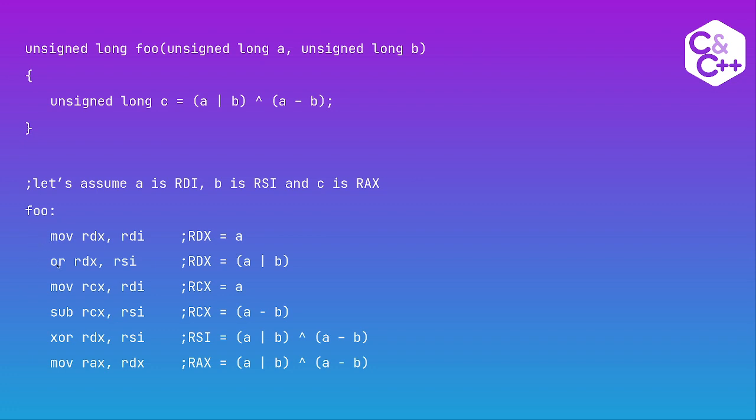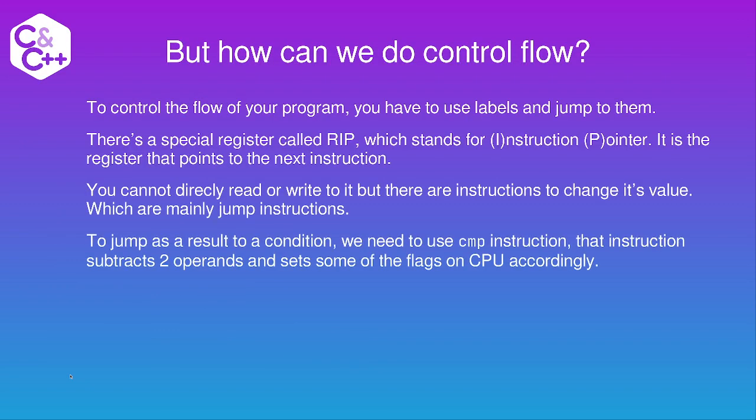After that instruction is executed, it will point to the next instruction, and then the next, and the next. It will move like that. We can't directly read or write to that register, but we can use some other instructions to change this value, which are mainly jump and call instructions.